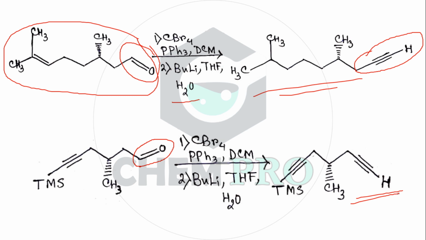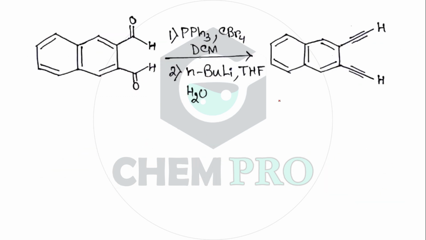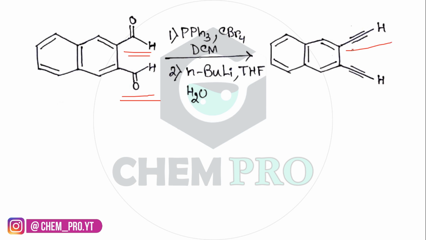like this. Okay, next, if there are two aldehyde groups in the reactant, so this is very easy that both aldehyde groups will just be converted into the desired terminal alkyne.